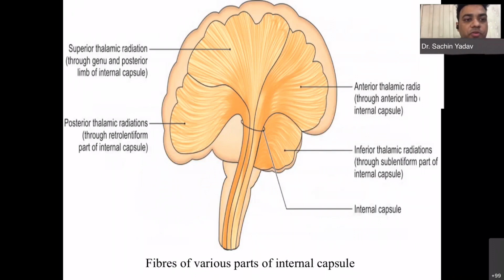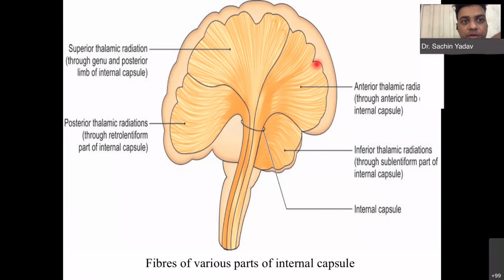Now we can see how the fibers of the various parts of the internal capsule are coming. Again, I will use the pointer. You see the thalamus connecting to the cerebral cortex through its four peduncles, that is the superior, inferior, anterior and posterior thalamic radiations.